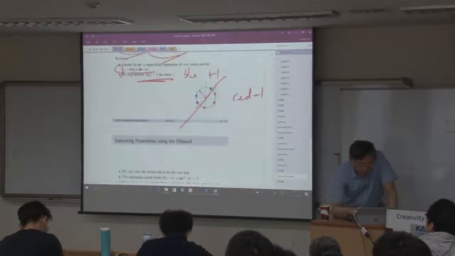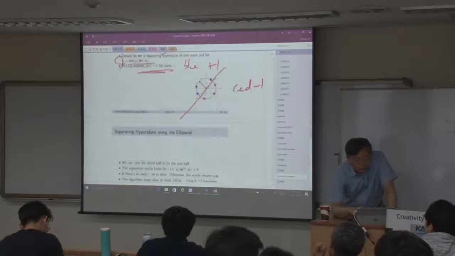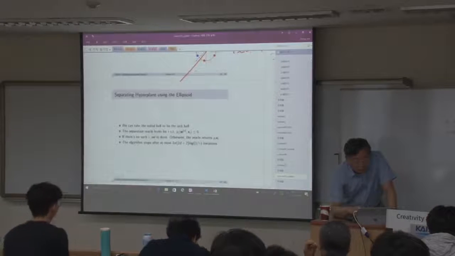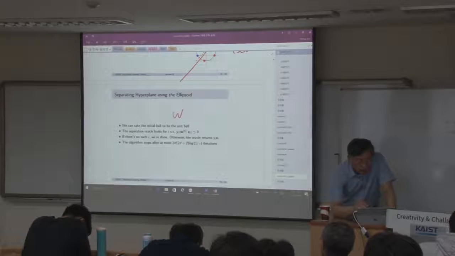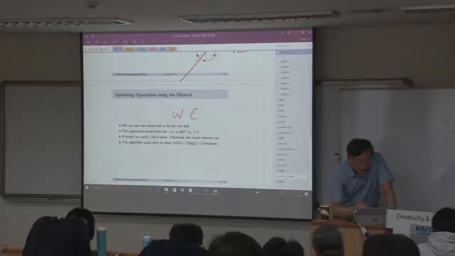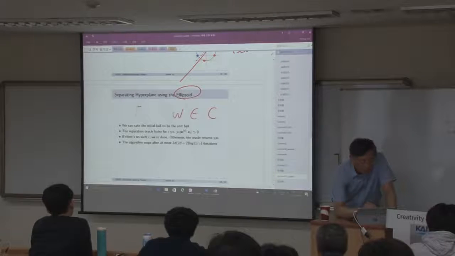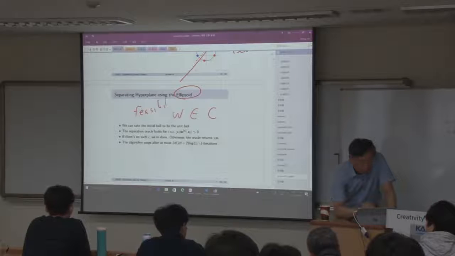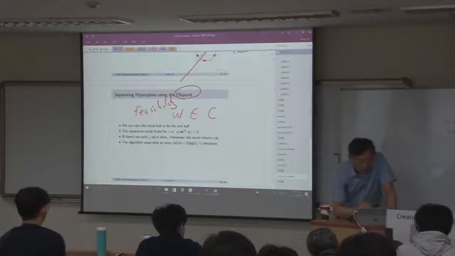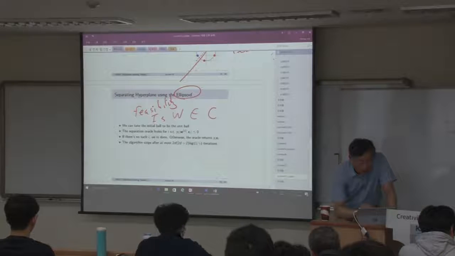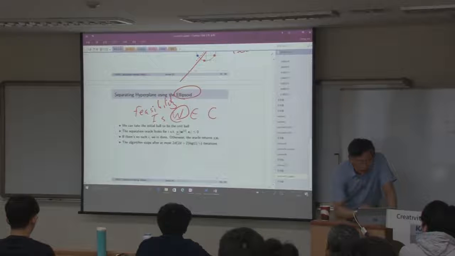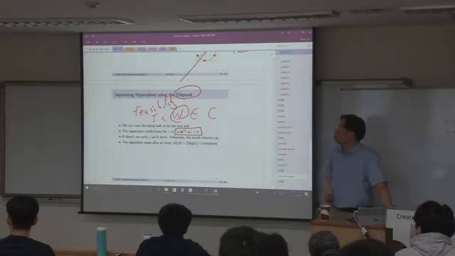So if I was to use the ellipsoid algorithm, how do I start? I ask, is this in C? This is the feasibility problem, right? Is it in here? What the oracle does is take this W and check this.